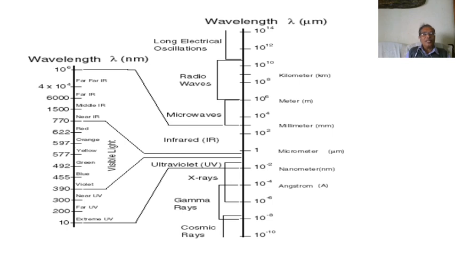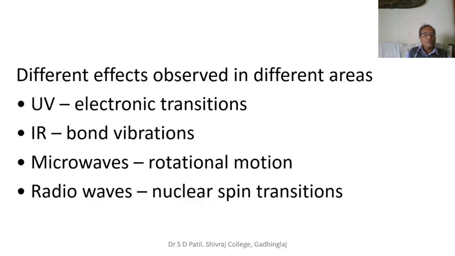This is the entire range of electromagnetic radiation, which explains the different regions, their relative frequencies, wavelengths and which affect particular excitations in the molecules. Different effects are observed in organic compounds whenever electromagnetic radiation is irradiated on matter; there is excitation, and these excitations are of various types.